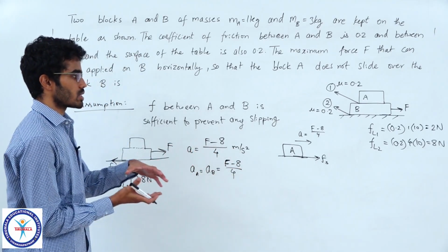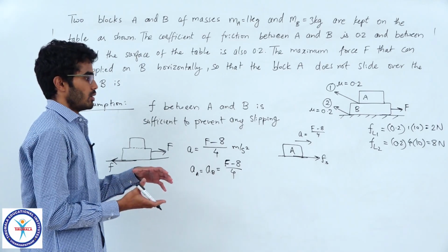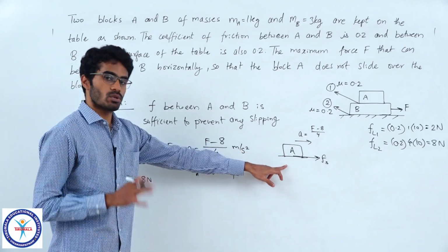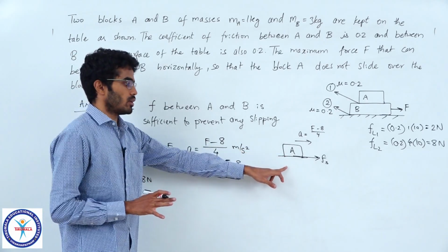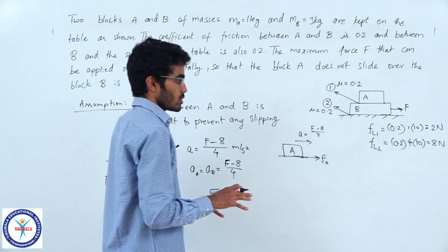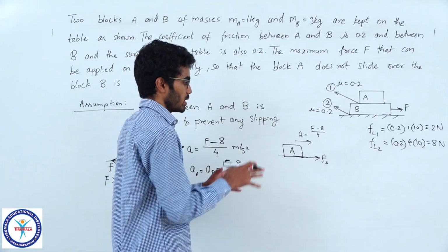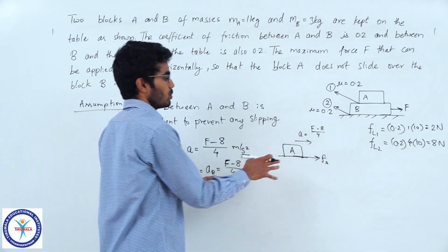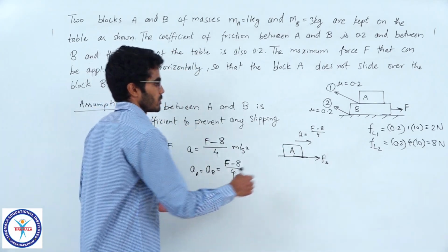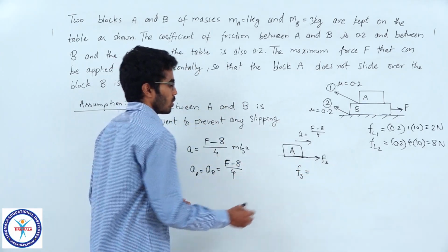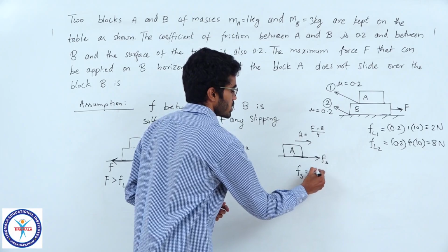Because the blocks are not sliding against each other. They have the same acceleration, and the friction between A and B is static in nature, because there is only a tendency for relative motion here. A might slip, but for now they are moving together, and this value F_s according to the second law should be equal to mass into acceleration.